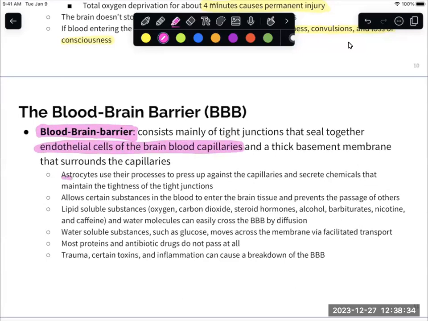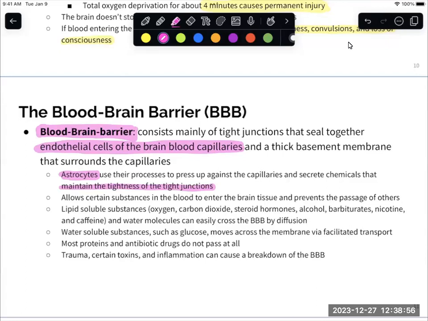Those cells are helped by those astrocytes that we mentioned in chapter 12. These astrocytes are going to maintain these tight junctions around these capillaries. So they're only going to allow certain substances to get through.